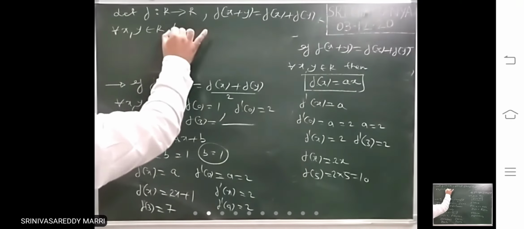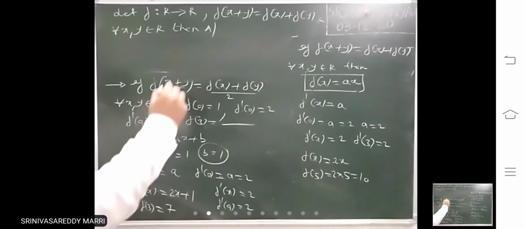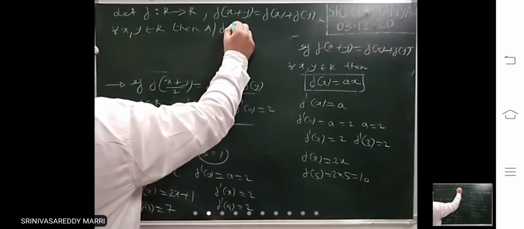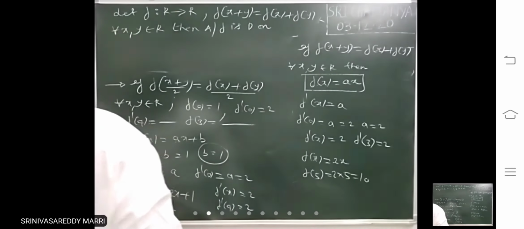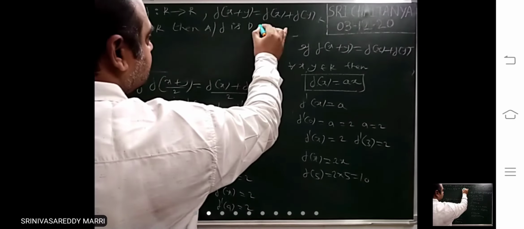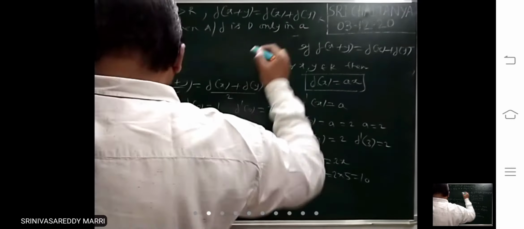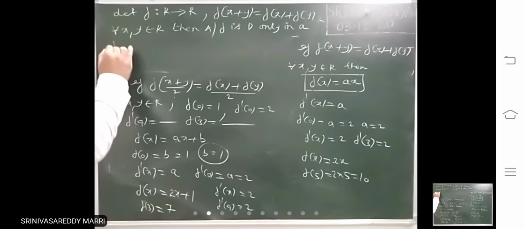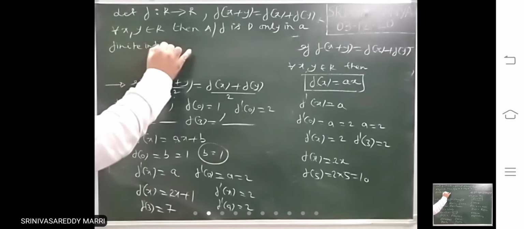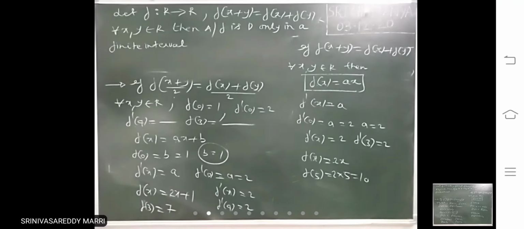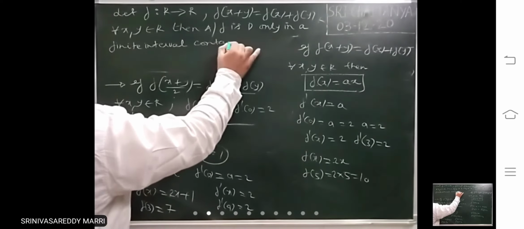Belongs to R. Then options are given like this. F is differentiable. D means differentiable. Only one question is asked like this: in a finite interval containing 0.